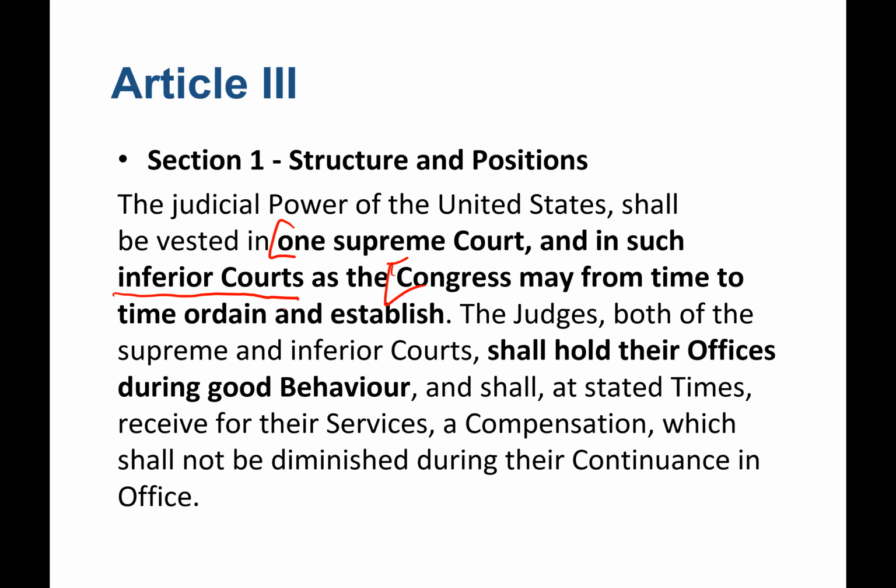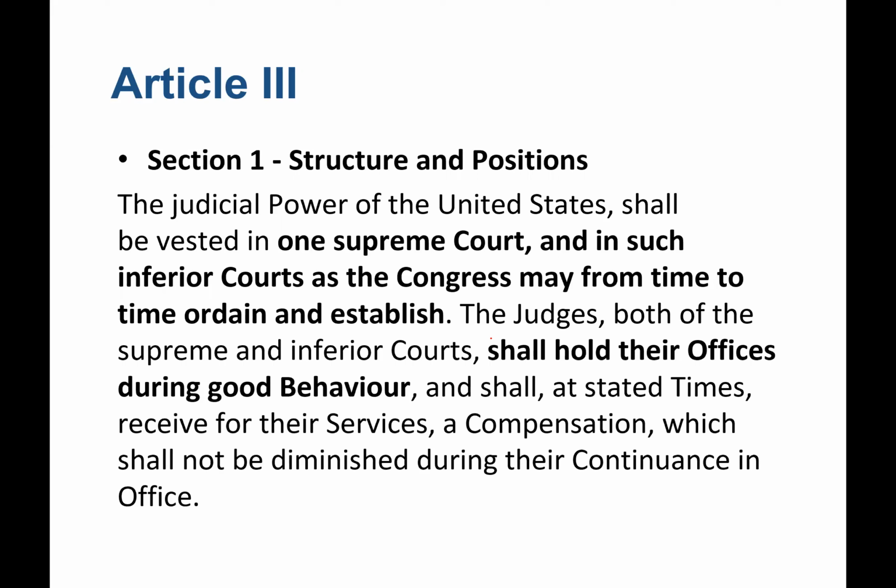Rather, they give Congress the authority to pass laws to establish these courts. So we have these districts, we have these appellate courts. That's all passed through legislation by Congress. It's not that the Constitution says that they have to exist. These lower courts are filled in by Congress, and so Congress is responsible for filling in the details in this case. The only part of the court that the Constitution actually says must exist is the Supreme Court.